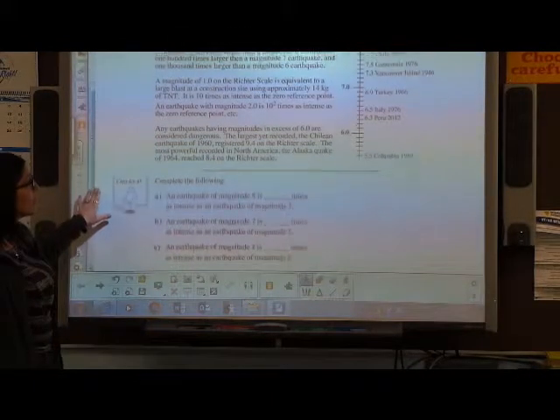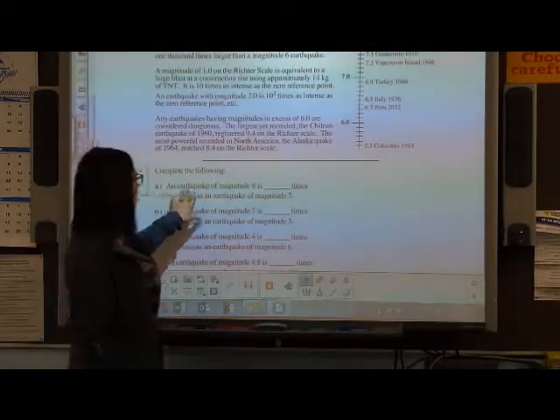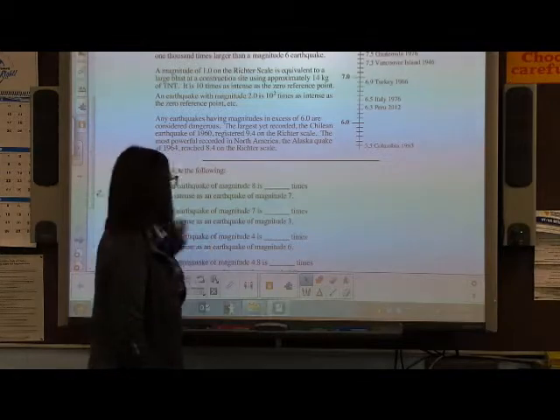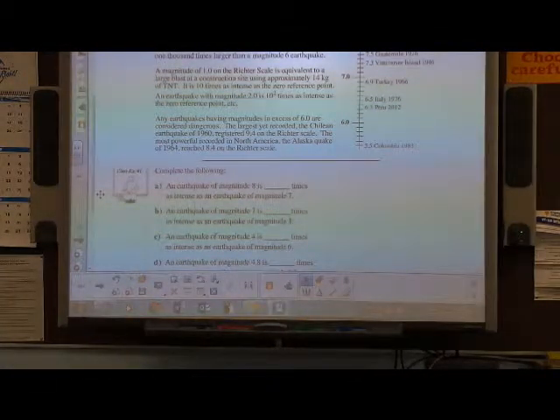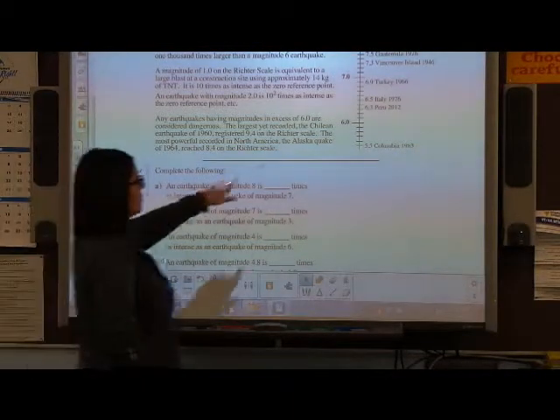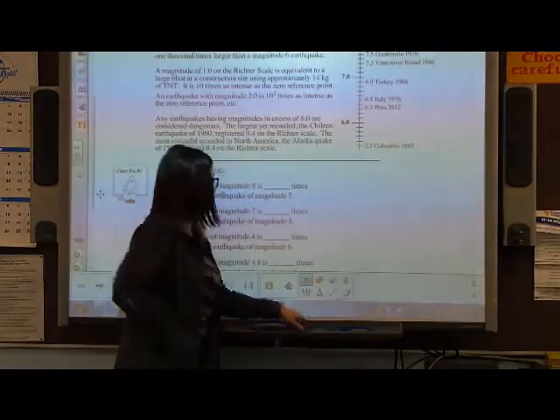So if we look at the scale and then at these questions: an earthquake of magnitude 8 would be how many times as intense as one that is magnitude 7? Each level is a power of 10, so it would be 10 times greater. Good.